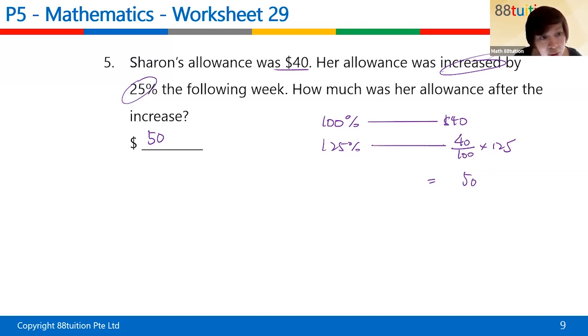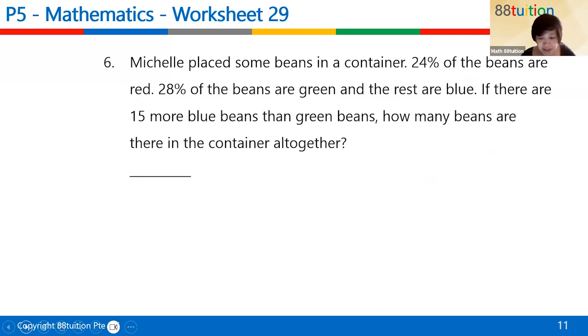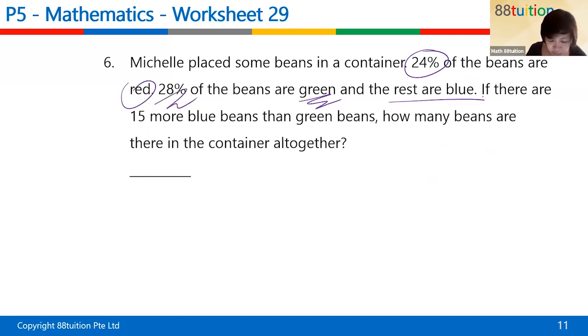Try to do. Okay. Next question, number 6. Michelle placed some beans in a container. 24% of the beans are red, green will be 28% and the rest are blue.